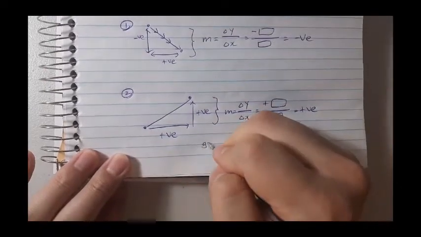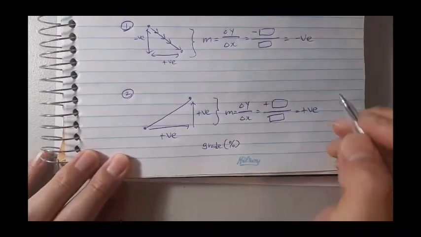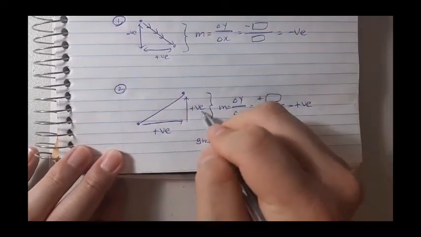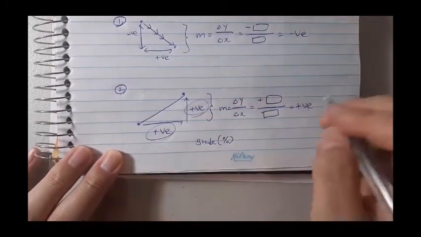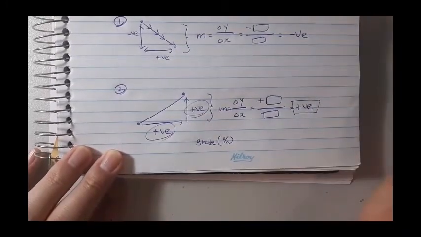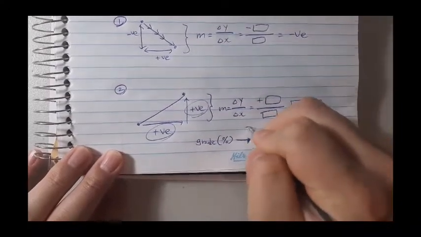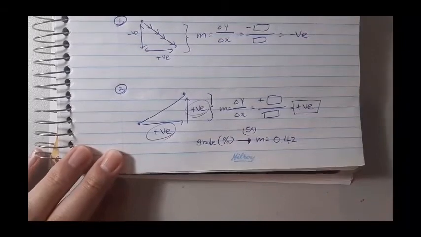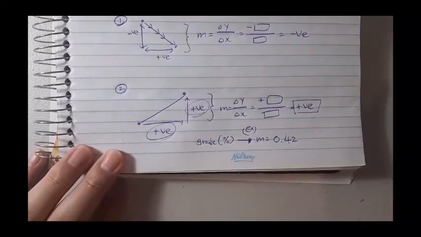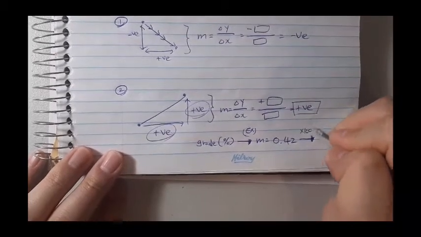And you will have some kind of decimal value. And in chapter 1.2, we learn about the grade, which is the percentage representation of the slope. So what you need to do is, for example, I'm going to use number 2. If you have a positive value, let's say positive 0.42, something like that, you need to multiply that decimal by 100%.